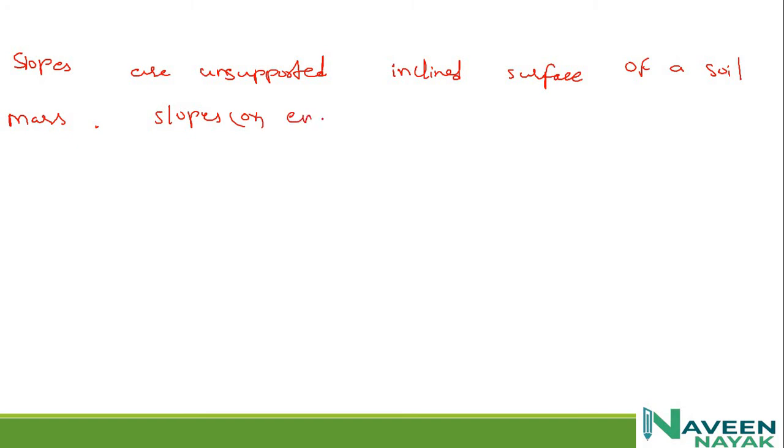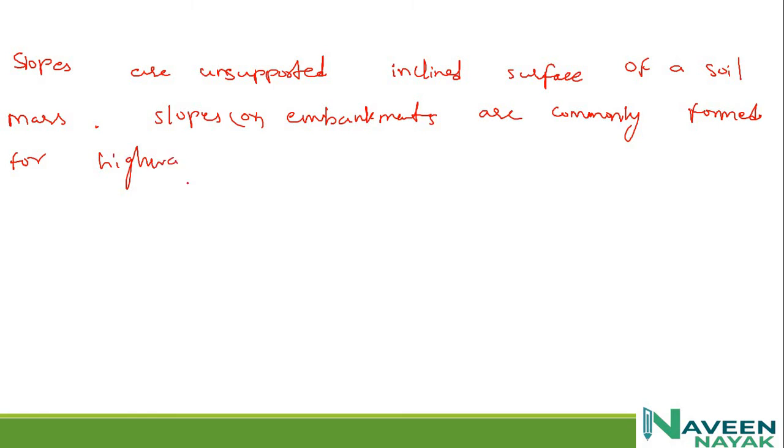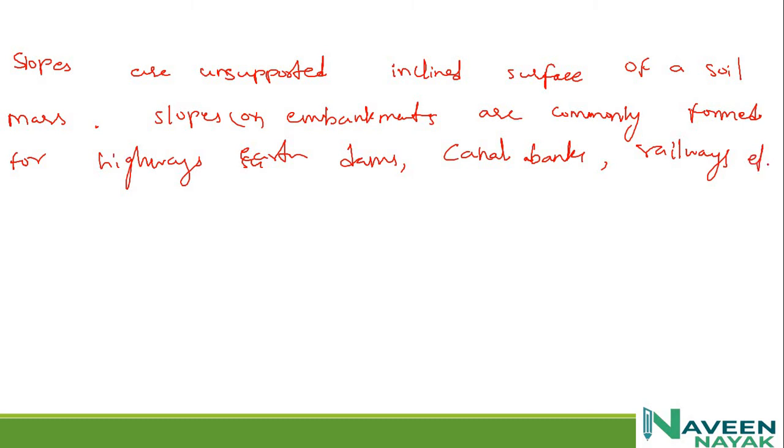Slopes as embankments are commonly formed for highways, canal banks, railways, etc.